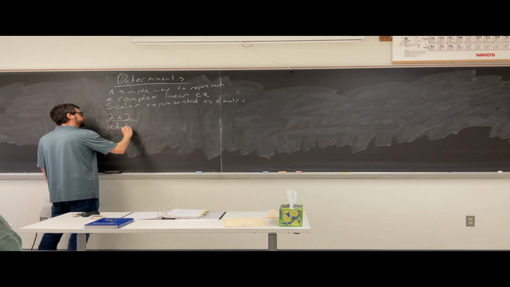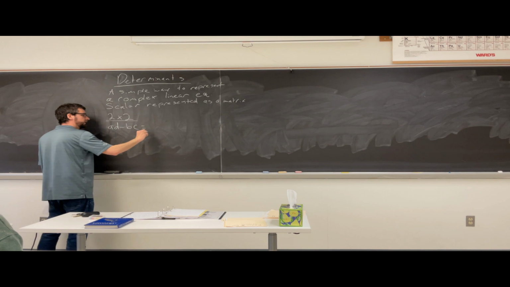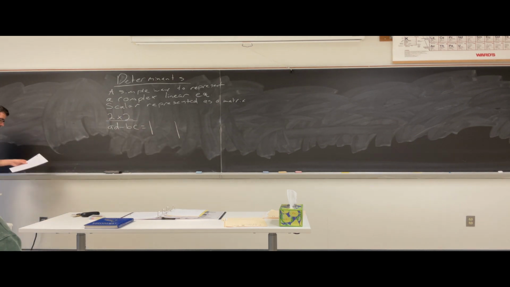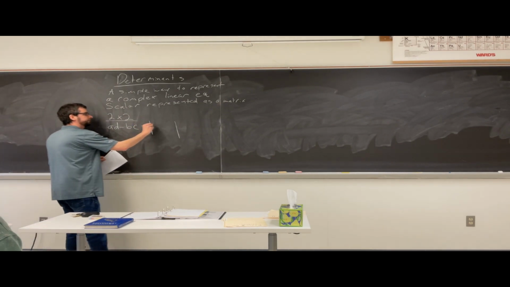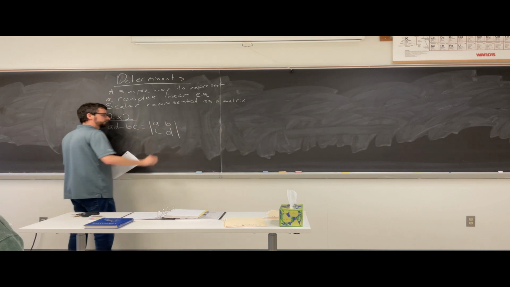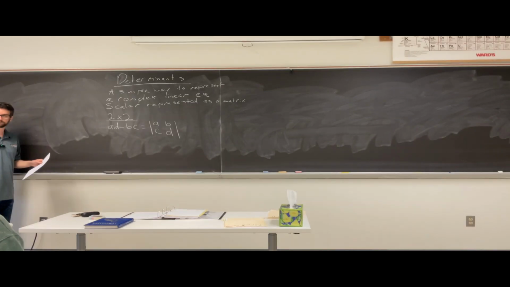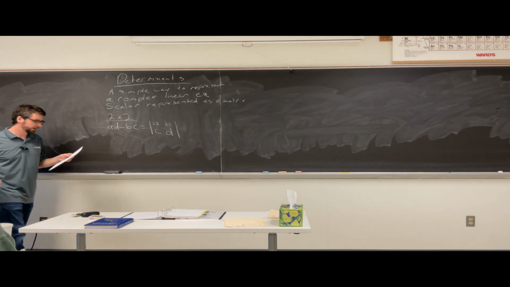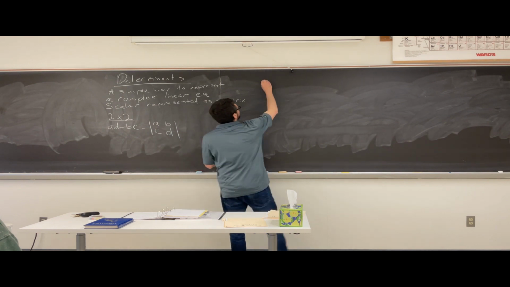AD minus BC. And we can represent it in the following fashion. A, B, C, D. Does that make sense? Okay. Let's look at a 3x3.